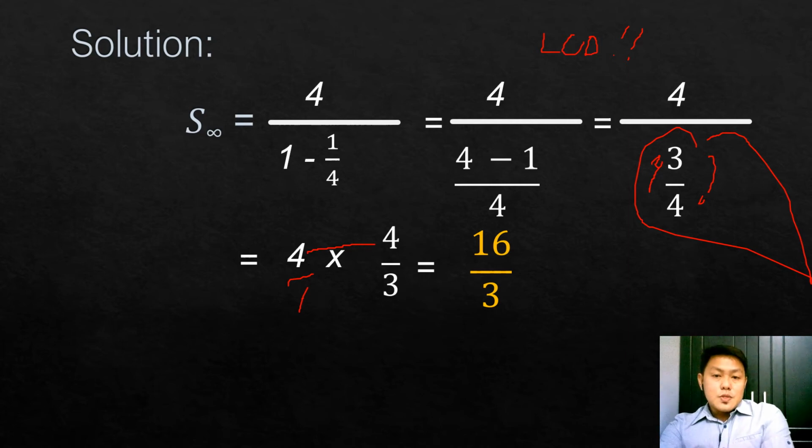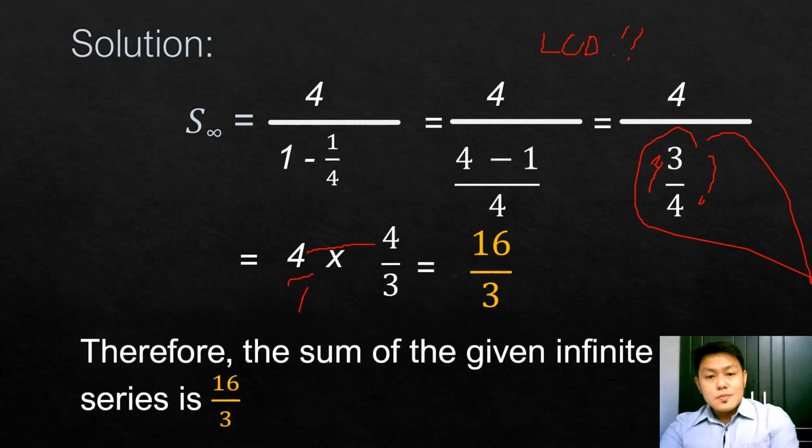Therefore, we have 16 over 3. Now, what is this 16 over 3? This is the sum of the given infinite geometric series 4, 1, 1/4, 1 over 16, and so on.